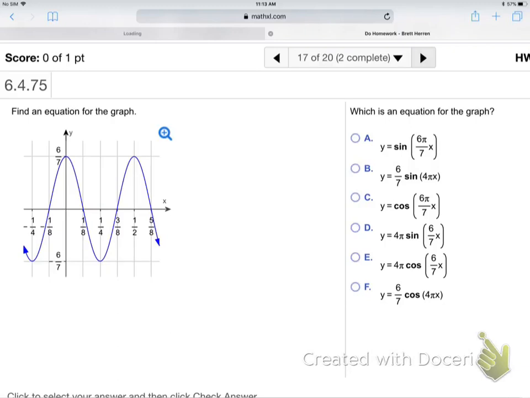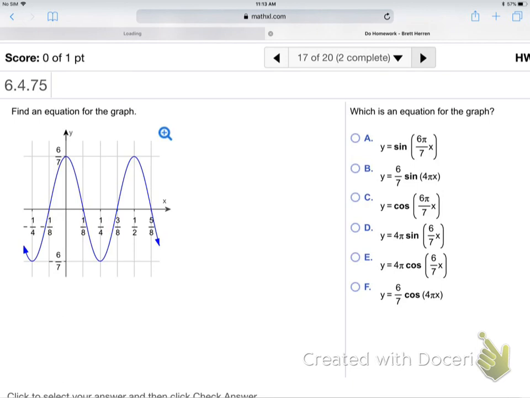All right, so try that one. Take that thing and try to write the equation. Just figure out the coefficient. There's only one that works out of all of them.